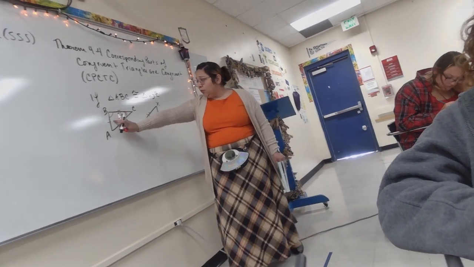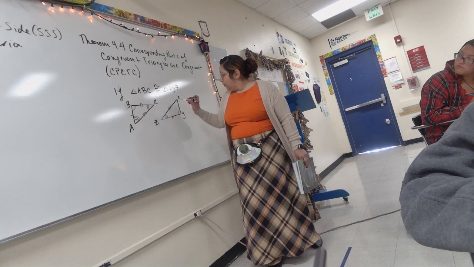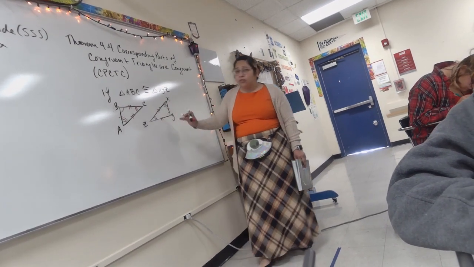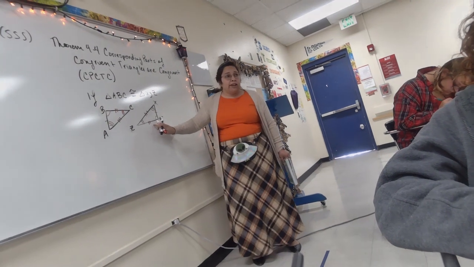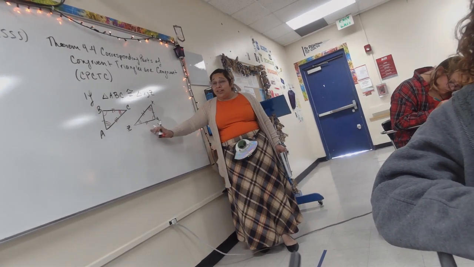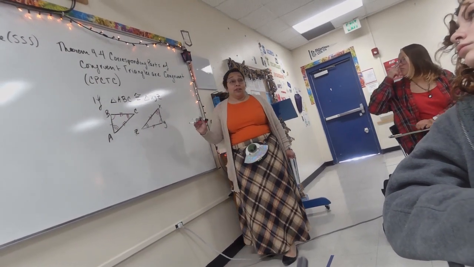And then between first and third dashes, you've got angle A. Same thing here, between first and third dashes. Match up the little tick marks, the little dashes, and that's going to help you out. These guys really care about what order your angles are going in.